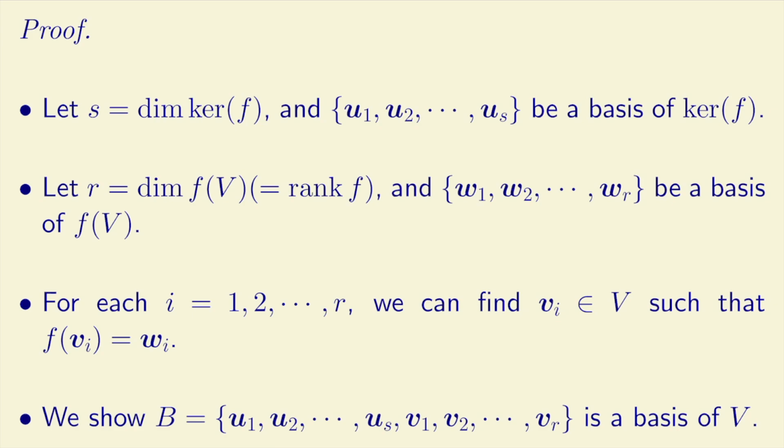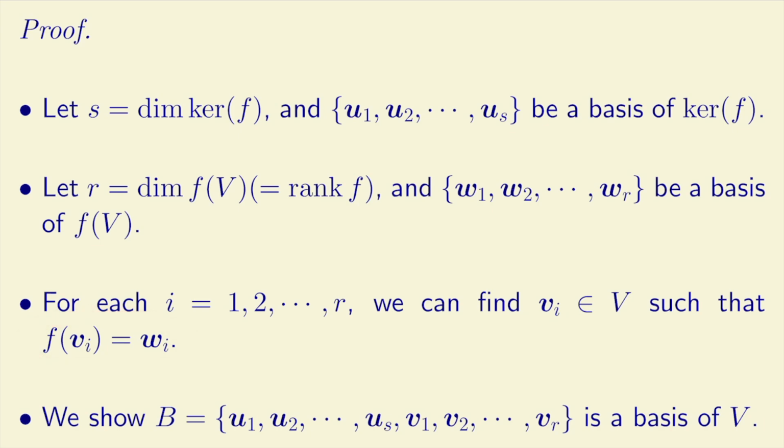First, they let S be the dimension of the kernel of F and u1, ..., uS be a basis for the kernel. Then they let R be the dimension of the image, which is the rank of F, and let w1, ..., wR be a basis for the image f of V. For each basis vector wi in the image, we can find a vector vi in V such that f of vi is equal to wi.